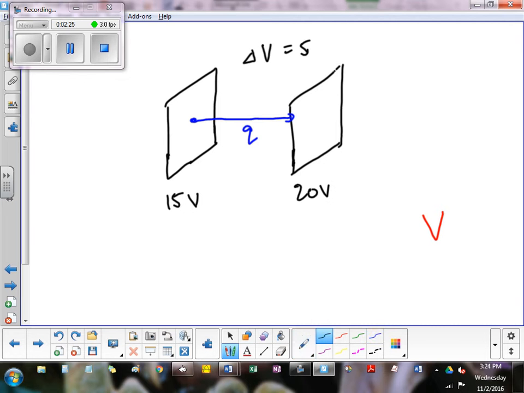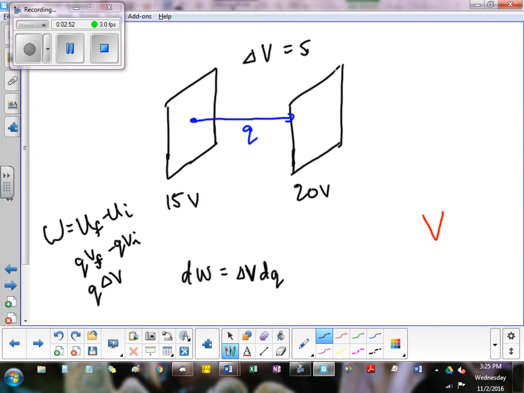Well, dW is going to always be a teensy-weensy amount of charge times the potential difference, delta V. Okay, so we talked about how work is U final minus U initial, and that's QV final minus QV initial, or you could just say Q delta V, right? Or in our case, since we're doing a tiny amount, it's dWs and dQs.